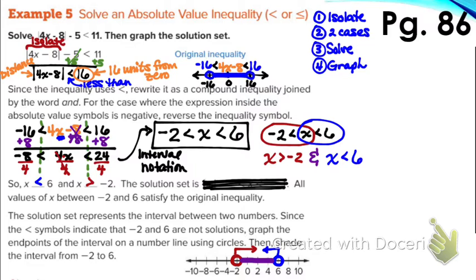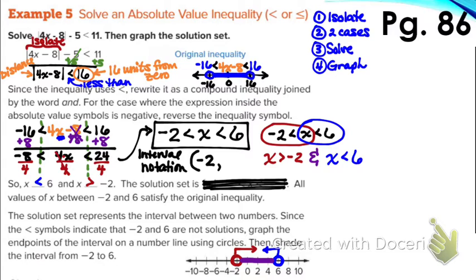Interval notation can be used interchangeably with my inequality notation. Two different ways of representing where we've shaded this number line. What is the smallest value where we have any shading? Negative 2. Did we have an open circle or a closed circle at negative 2? Open, so I use a parenthesis.